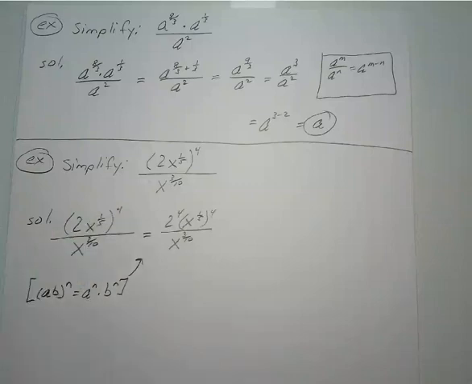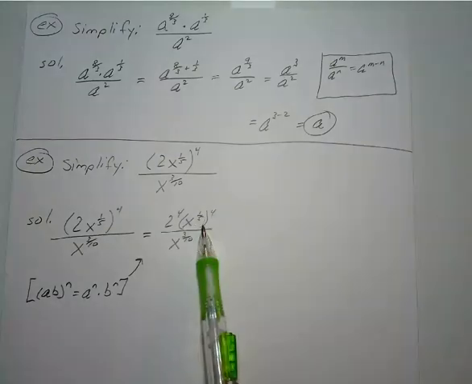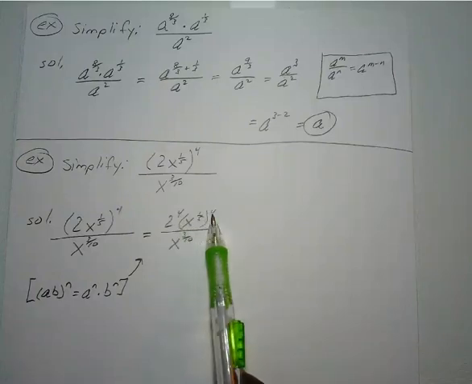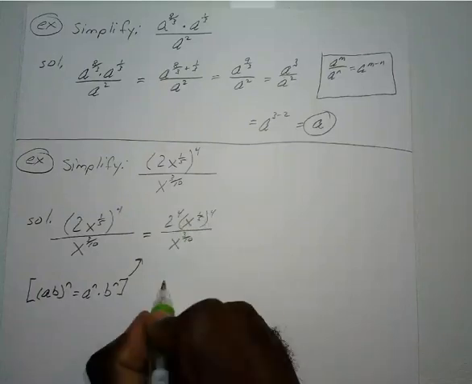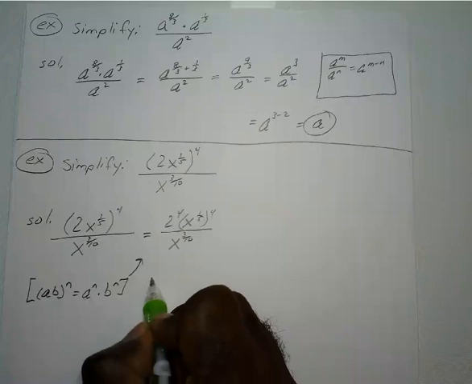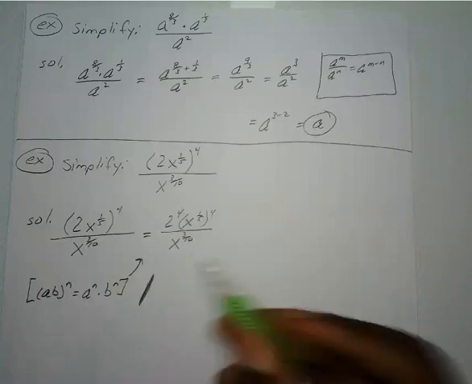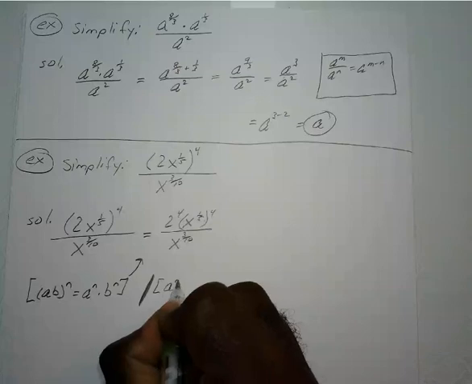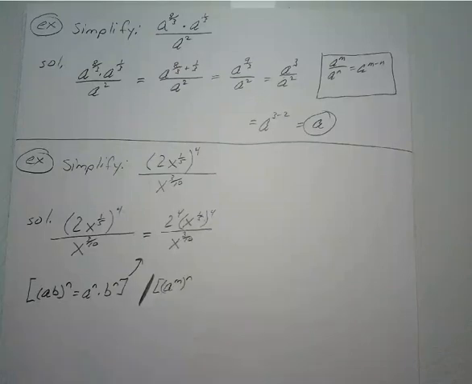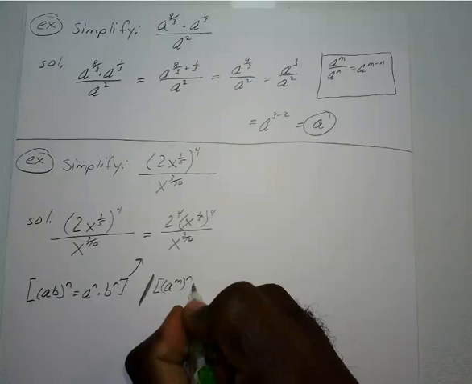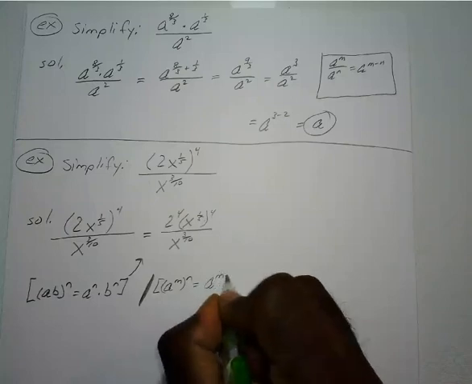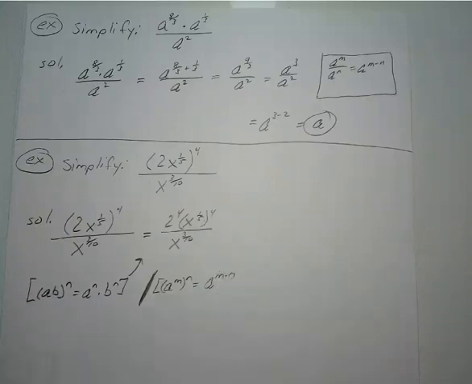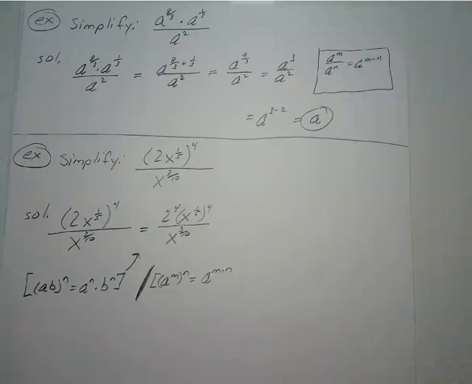Okay, so now just on this portion of it, x to the 1/5 power to the 4th power, we're going to apply, let me kind of separate this a little bit. Remember, a to the power of m, and that raised to the power of n, is going to equal a to the m times n. So that means this is going to be 2 to the 4th power.